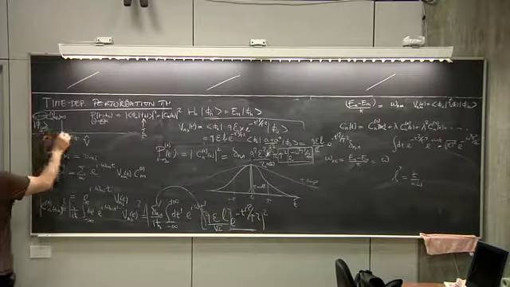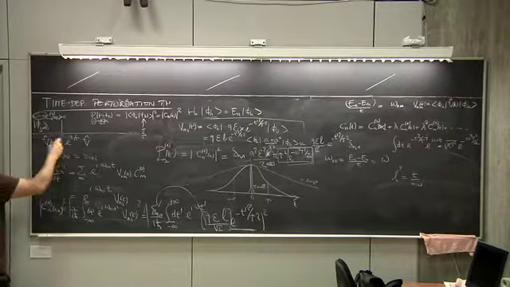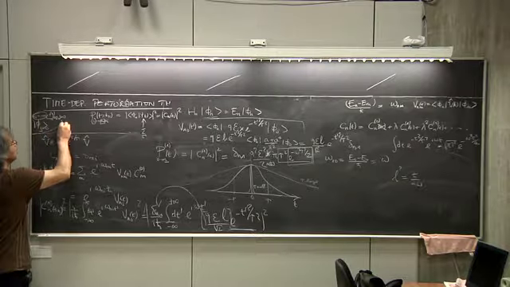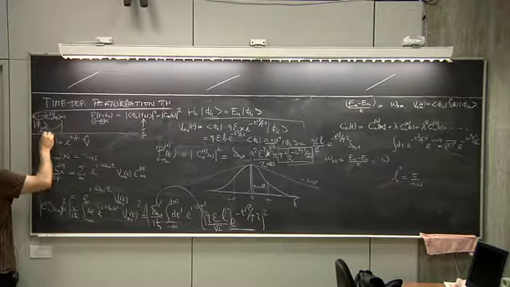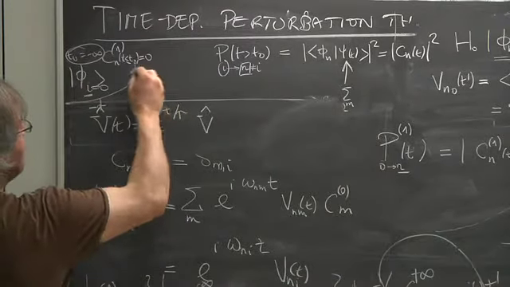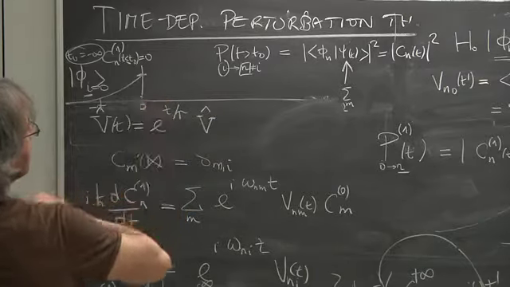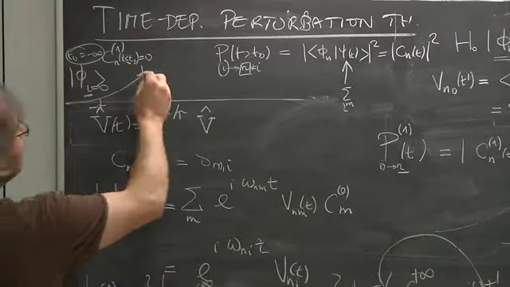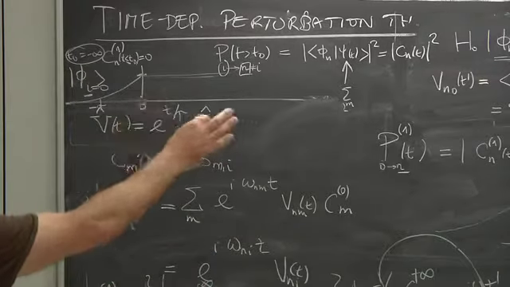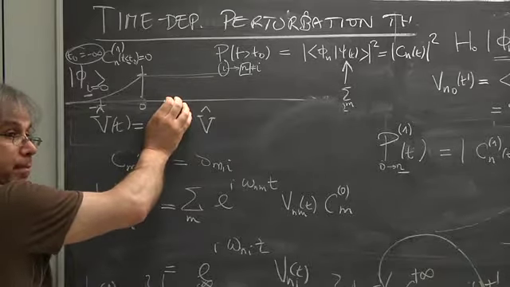It means that for very negative time, this is very, very small. This is called adiabatic switching on. So I switch it on very slowly in a time scale tau, and then it reaches its full value v only at time 0. And then stays constant. So from t positive, from 0 on, the perturbation is fixed in time, is v.